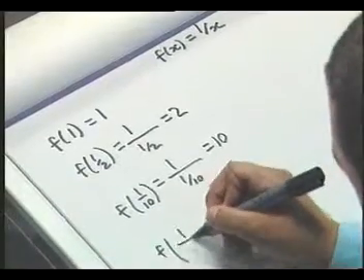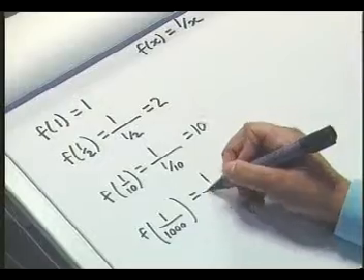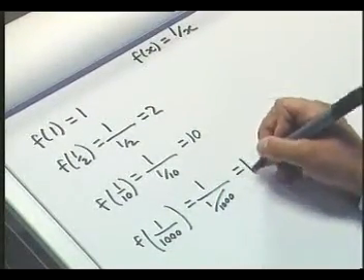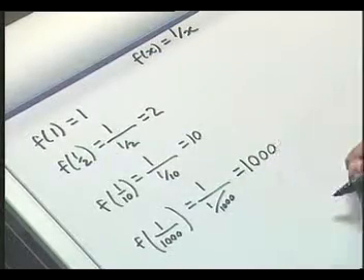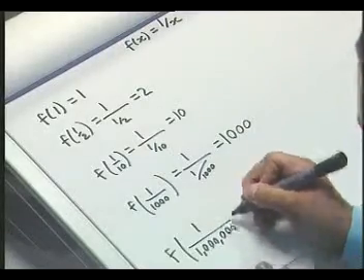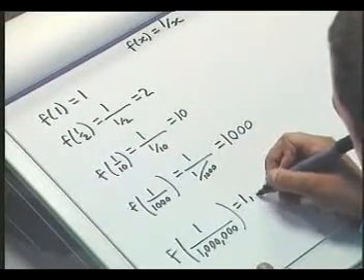F of 1 over 1,000 will just give us 1,000. And what about 1 over 1 million? So f of 1 over 1,000,000 is just going to give us 1,000,000.